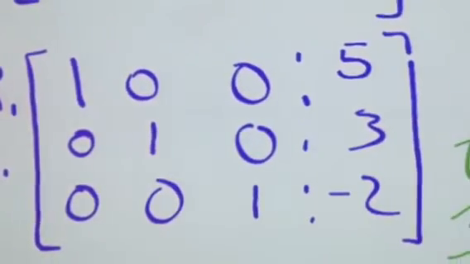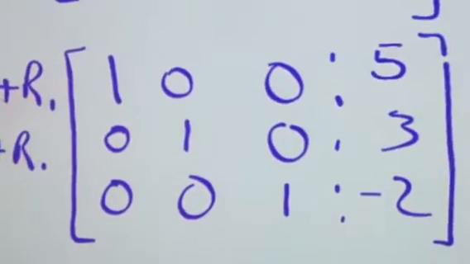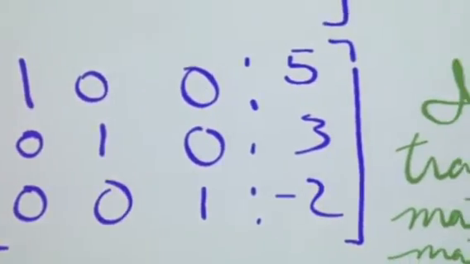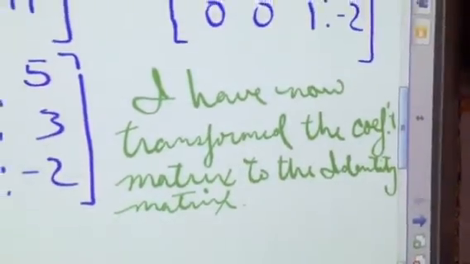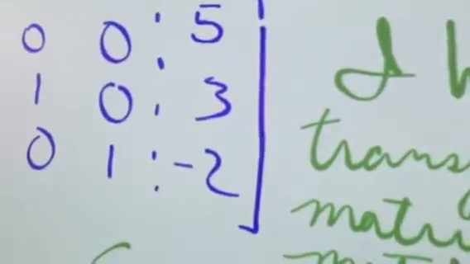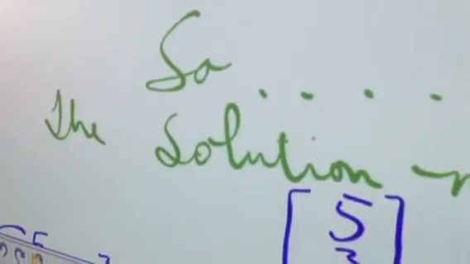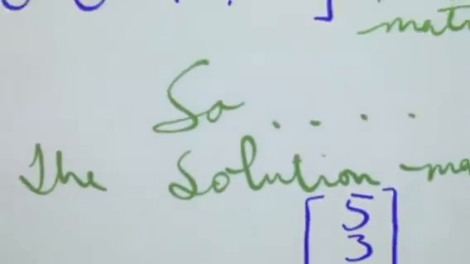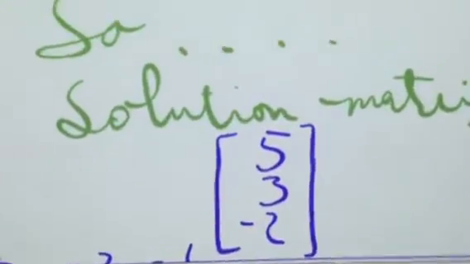And so I got my identity matrix. And then here is what's called the solution matrix. And so I have now transformed the coefficient matrix to the identity matrix. Yay! And so the solution set matrix is 5, 3, -2.